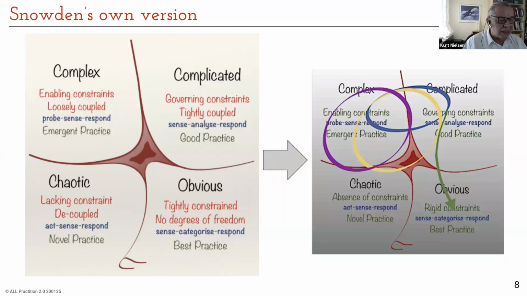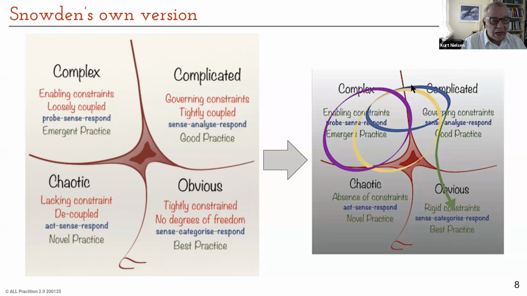So it's not just a static model. So what it says here with the blue and the green, for example, is that most good organizations oscillate between the complicated and the complex. That's the blue bit over to the right.